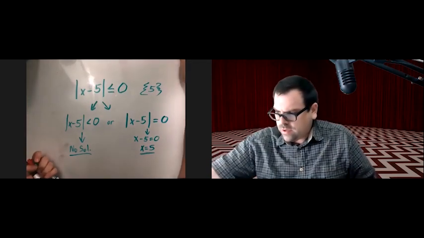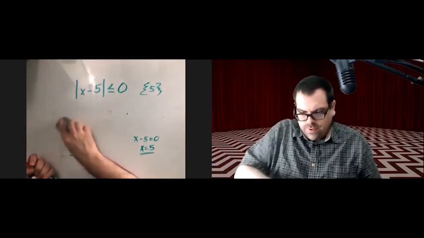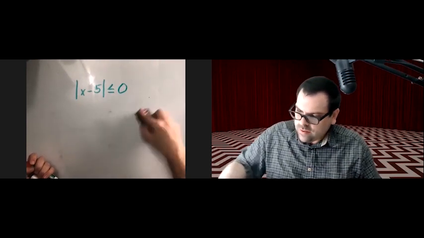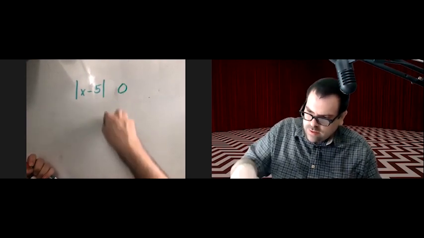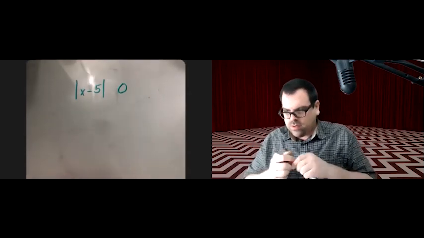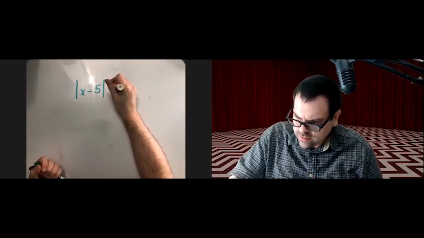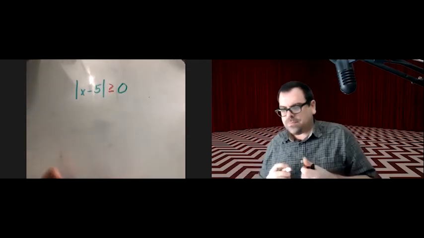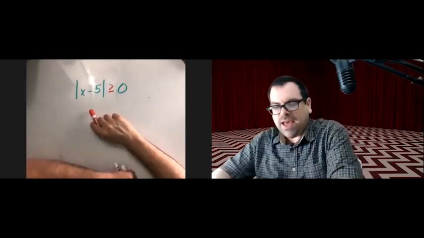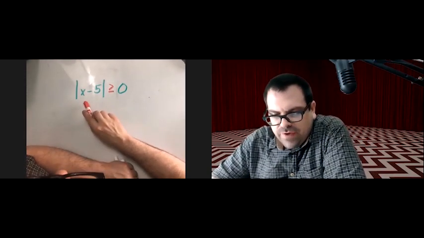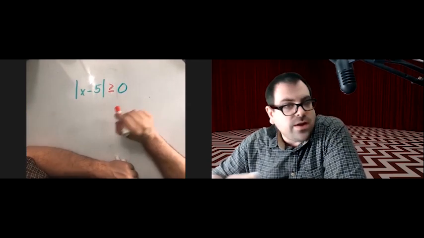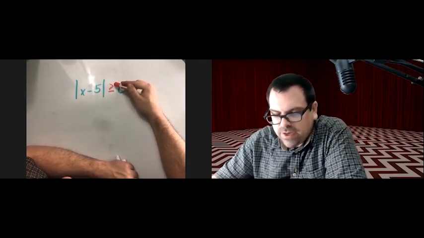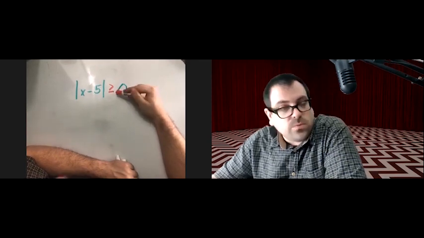Now, to make this an example of something else that we did, if we had the absolute value of x minus 5 is greater than or equal to 0, well, an absolute value can only ever be greater than or equal to 0.